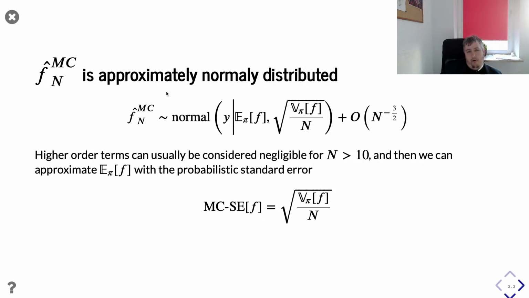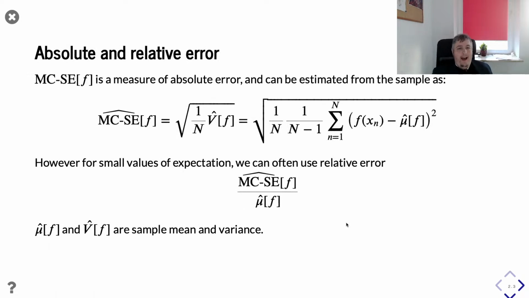So this normal representation for the distribution of values of our estimator is a normal centered at the actual value, with the standard deviation defined as the ratio of the variance of our function and the number of samples. And we can estimate this Monte Carlo standard error also using an appropriate estimator, just by estimating the variance using our samples.